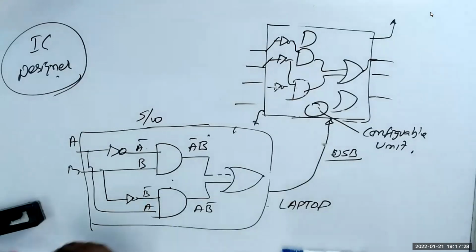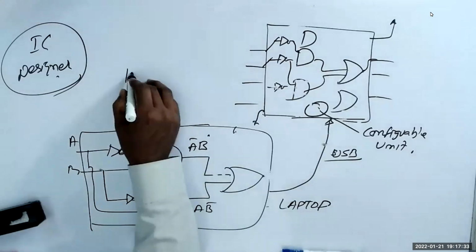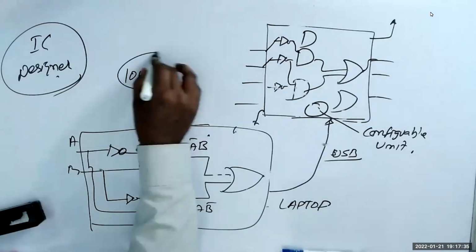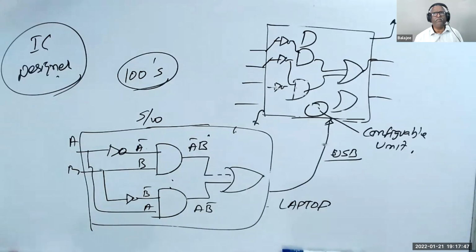You can draw the circuit and do the thing. But it's okay when you have a small design. When you're trying to have hundreds of gates, it is very difficult to draw a circuit diagram that big. So what people did was a very interesting thing. They came out with a language.